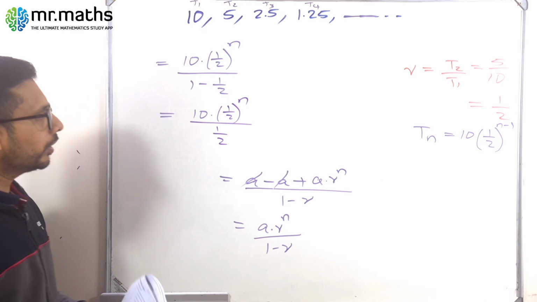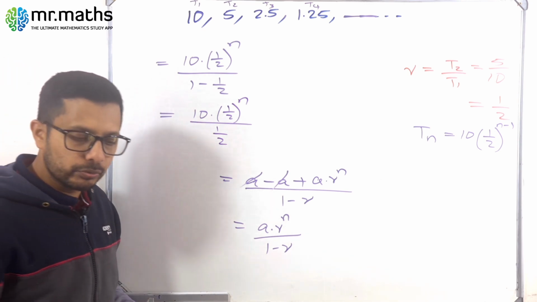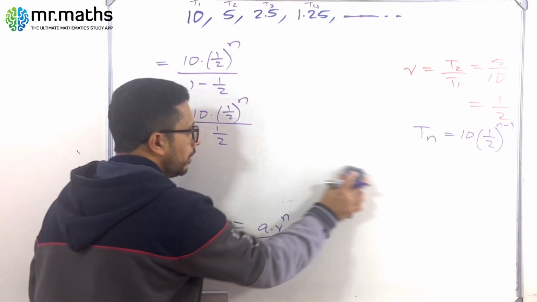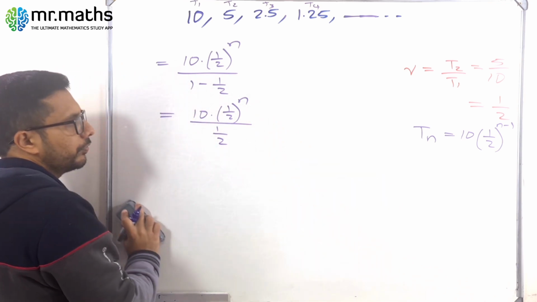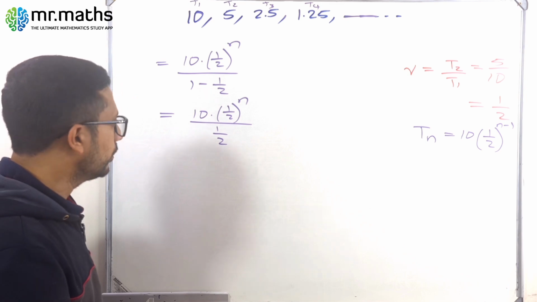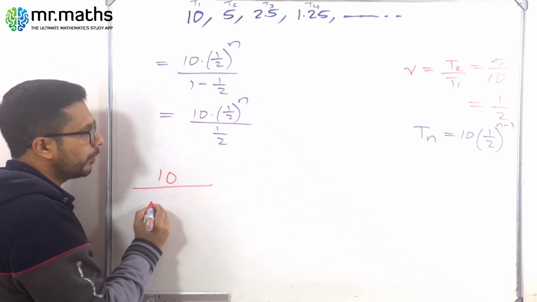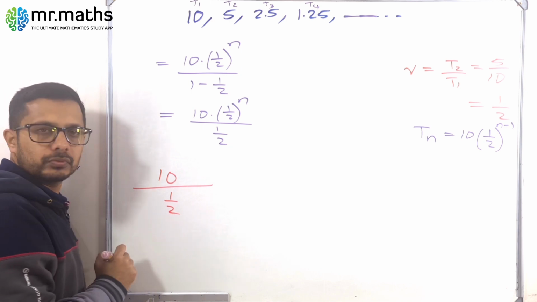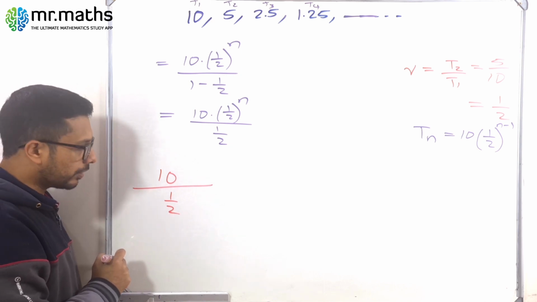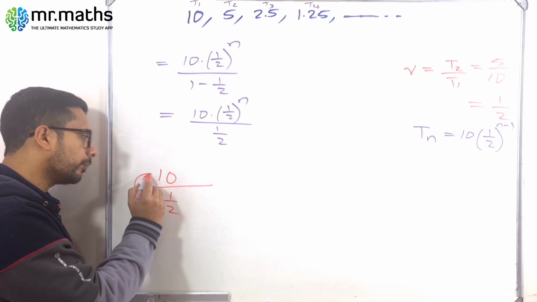Now look at this one, 10 divided by 1 over 2. How can you simplify that easily? In another video I already told you how to simplify that easily. Anyway, listen once more. 10 divided by half. When it is something like this, you just take the 2 and multiply it with this 10.